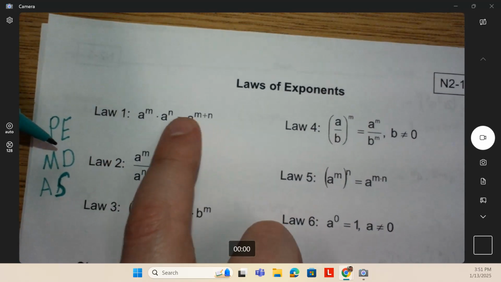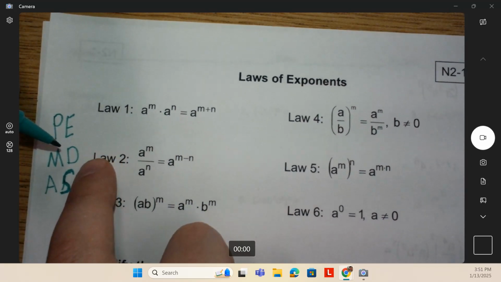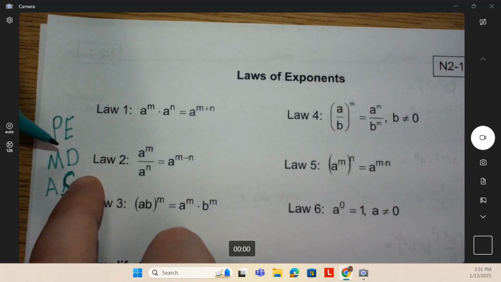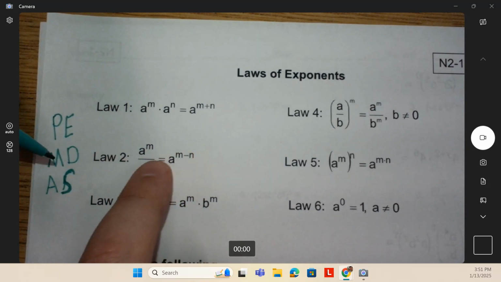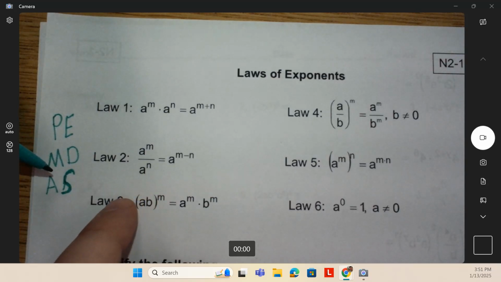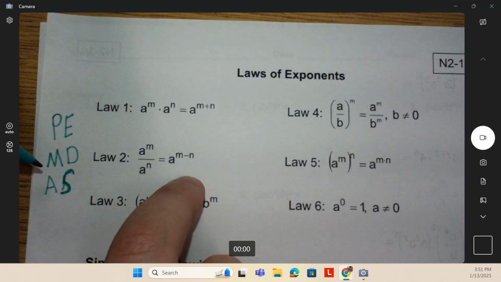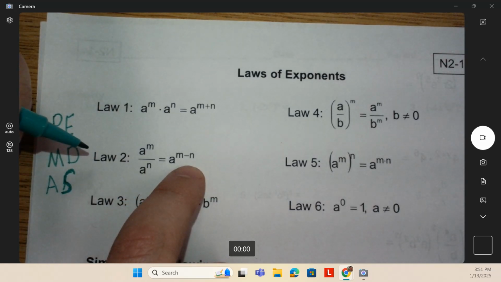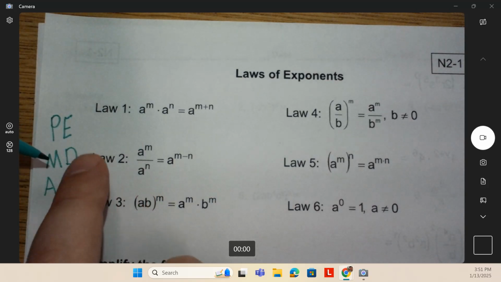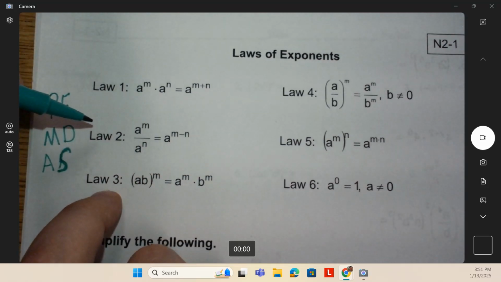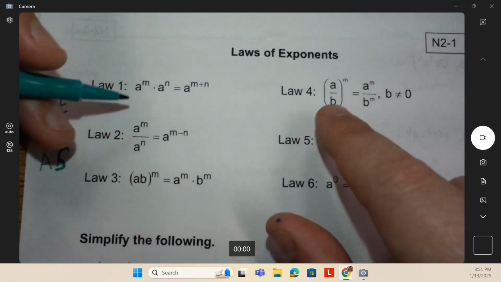So when I zoom in to just look at the exponents, what happens is I move down a level. Instead of multiplying, I'm going to add together. For this one, instead of dividing, I'm going to subtract. So when I zoom into the exponents, like just looking at what happens with those exponents, I move down a level for PEMDAS. Okay?